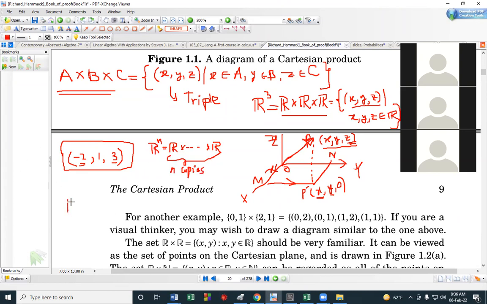In that case, we will say each element of R^n is an n-tuple (x1, x2, up to xn), where all xi's are real.